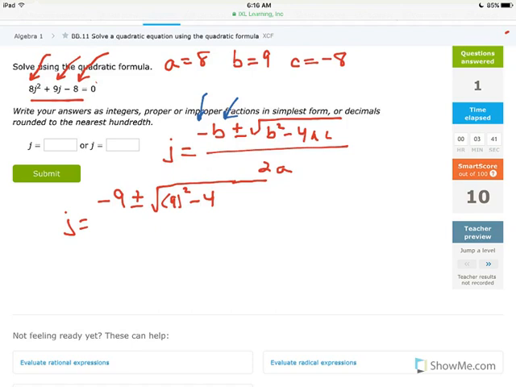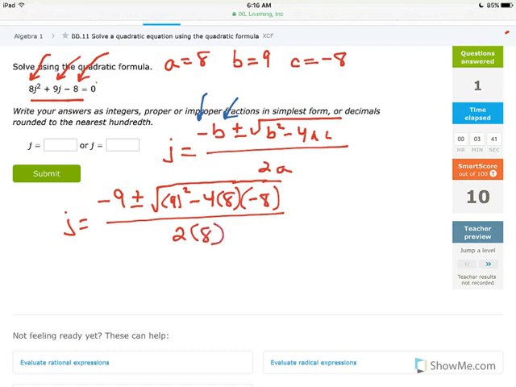Our a value is 8. Multiplied by the c value, and in this case the c value is negative 8. All over 2 times the a value, and the a value is 8.